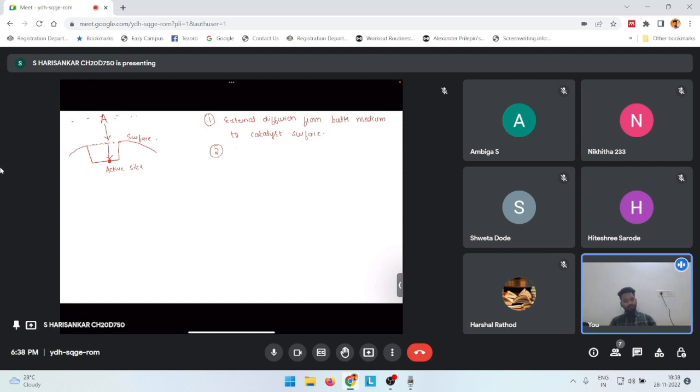The second step is internal diffusion of your reactant molecule A from the external catalyst surface to the internal surface of the catalyst, which is basically your active site.